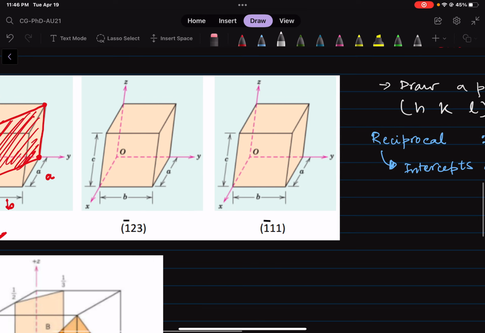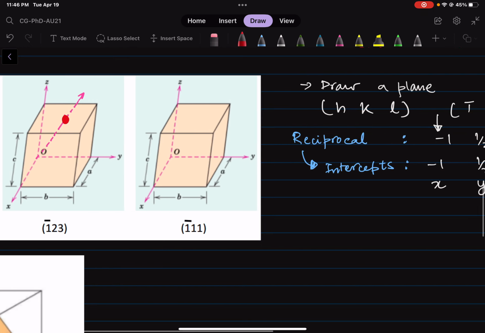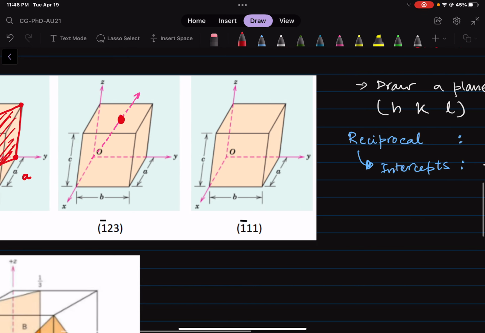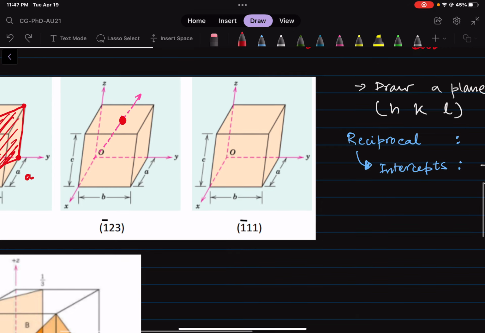If the x-intercept is -1, it will be sort of on the back side. So let's extend the x-axis in the -x direction. And this will be approximately -1 point. And then you have half and 1/3. So the y half will be somewhere over here or a bit more in the center.